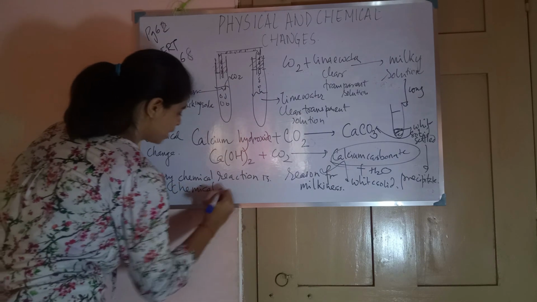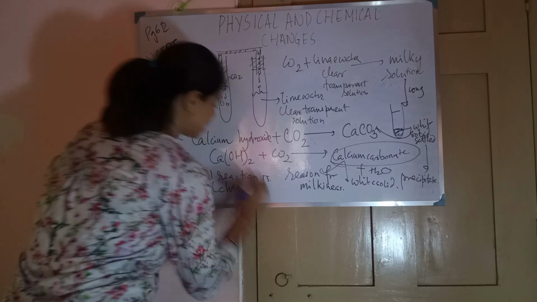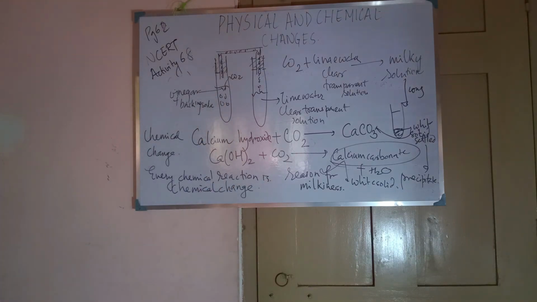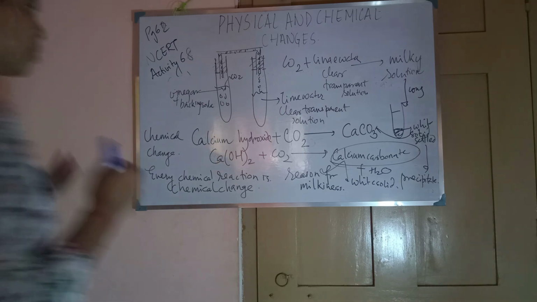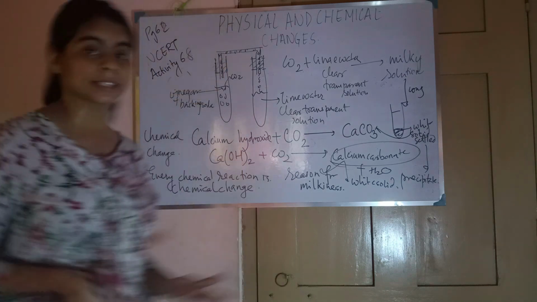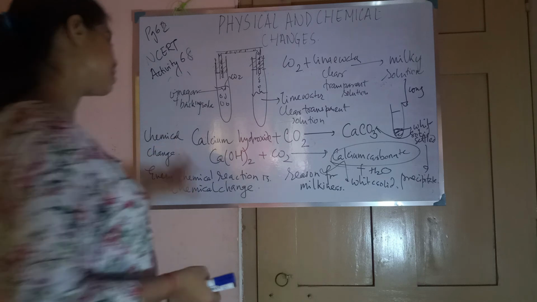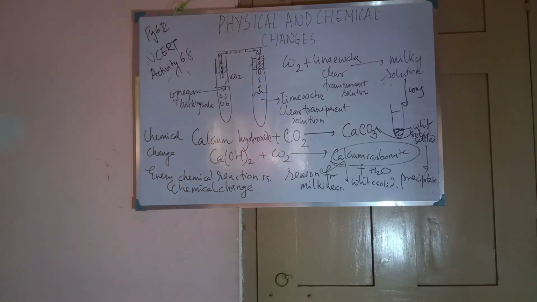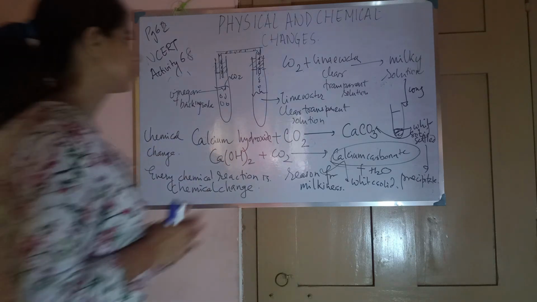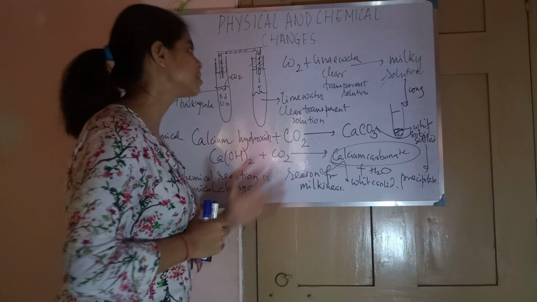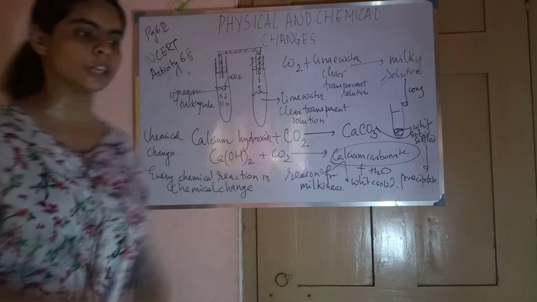So whenever you see a chemical change, that means there is a chemical reaction involved. Or vice versa, we can say whenever you see a chemical reaction, that means there is a chemical change. So it's done. Now we will discuss the next video.